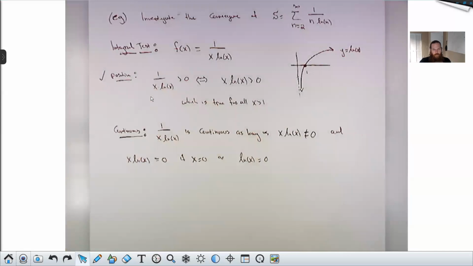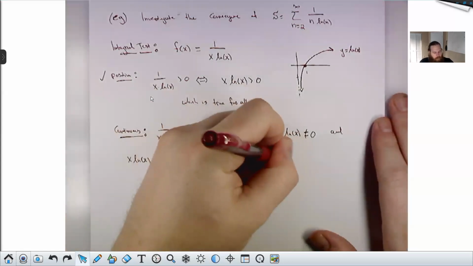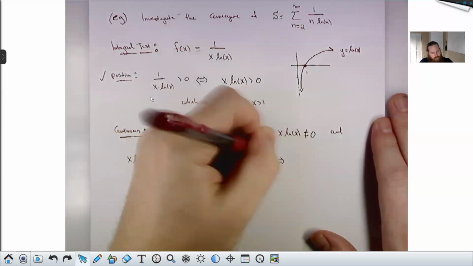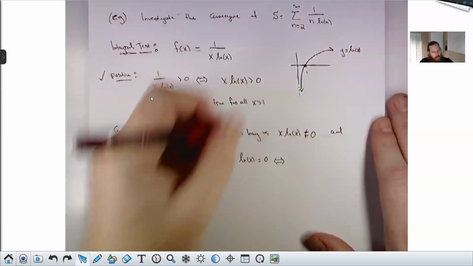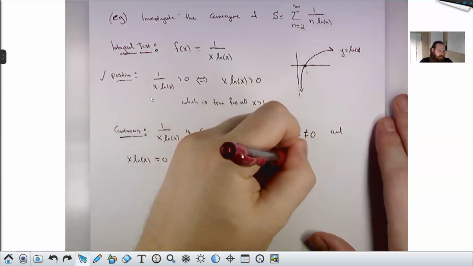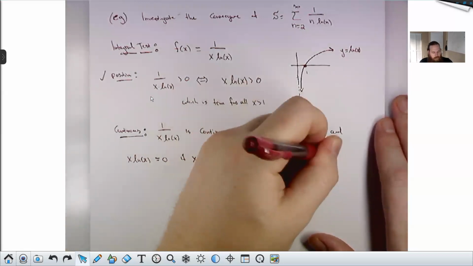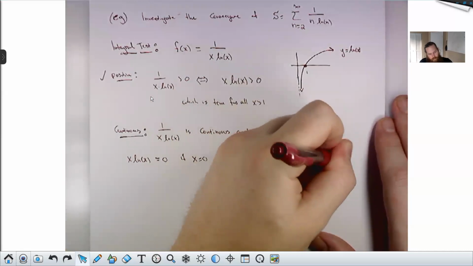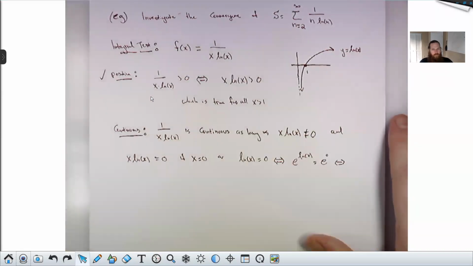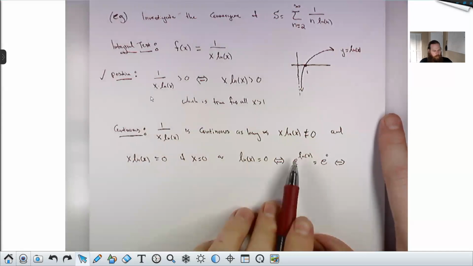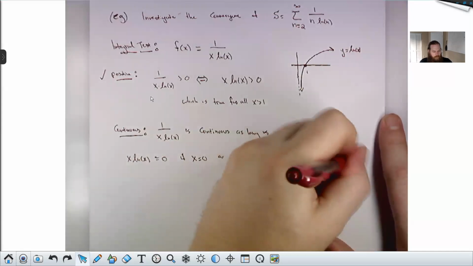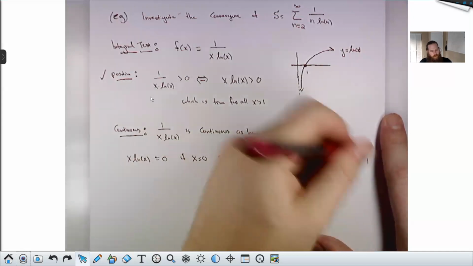This is kind of just the natural thing to do. You've got a product of two things, trying to figure out where it's 0, so you set each of the two things equal to 0 on their own. Either x is 0 or ln x is equal to 0. ln x is equal to 0 if you exponentiate on both sides: e to the ln x is equal to e to the 0. e to the ln x, so this piece, that's just x, and e to the 0 is 1.